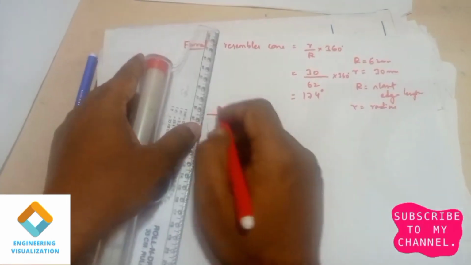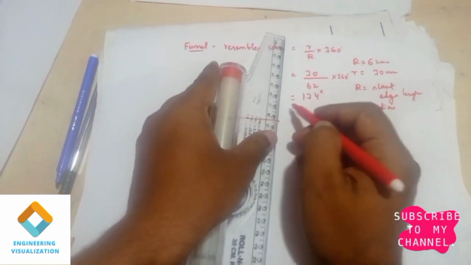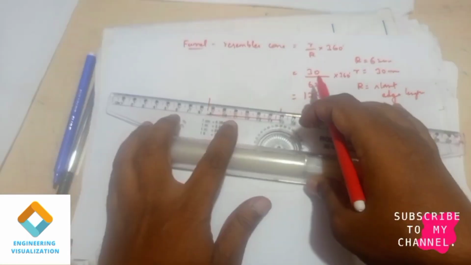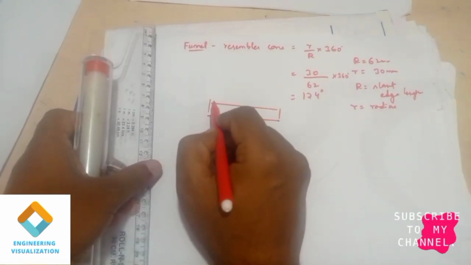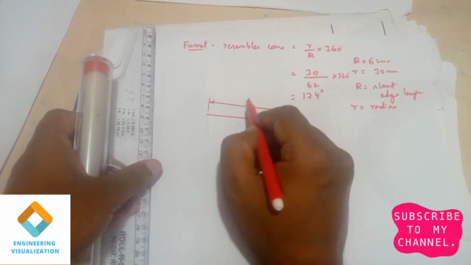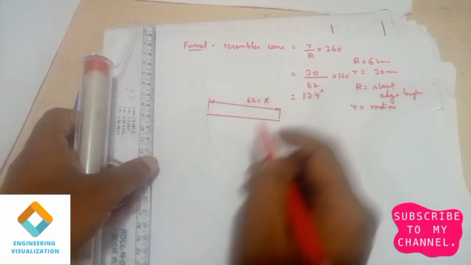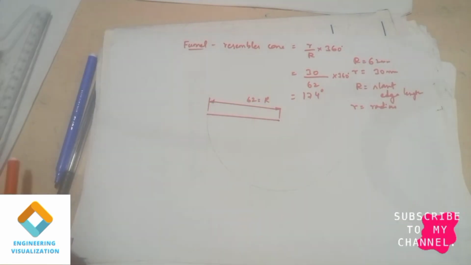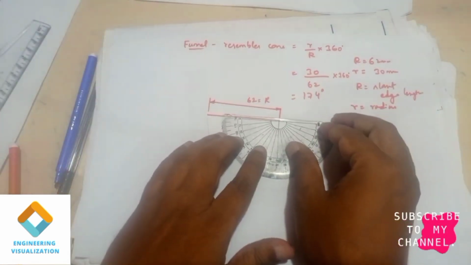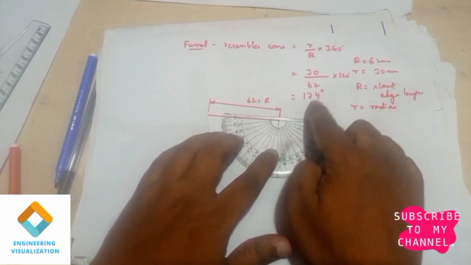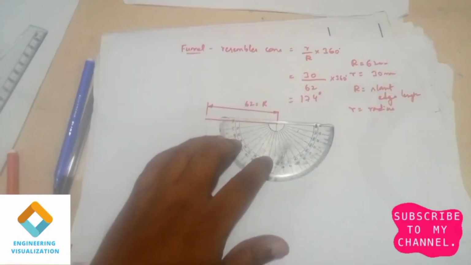Okay, so that is your slant edge length. Capital R. Okay, so the angle we need to mark here, it is 174 degree. Okay, that is our angle.